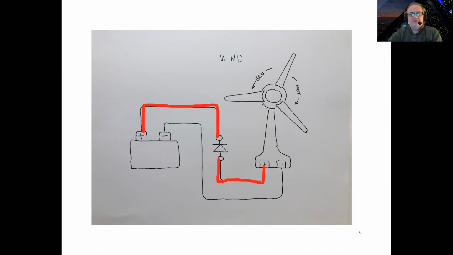Interesting thing with this, when you think about the conditions that are needed to generate, well, you would have wind blowing on this turbine. It would be turning. In this case, I'll show it turning in this counterclockwise direction. That would be producing voltage and charging the battery. And so as the battery fills, the voltage starts to come up.